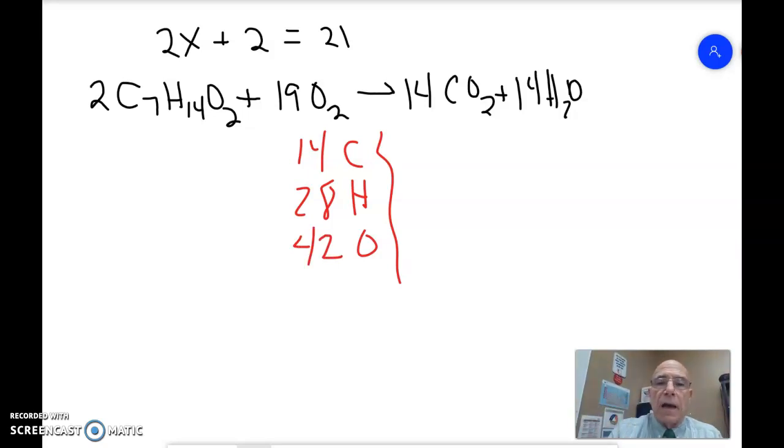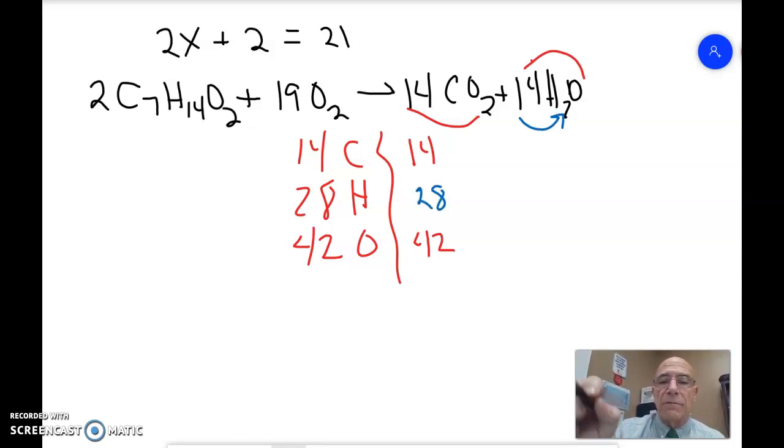On the right-hand side, we're going to have 14 times 1 for 14 carbons. 14 times 2 plus 14 times 1. That's going to be 28 plus 14, which happens to be 42. And then the hydrogens are going to be right here, 14 times 2, 28 on the hydrogens.